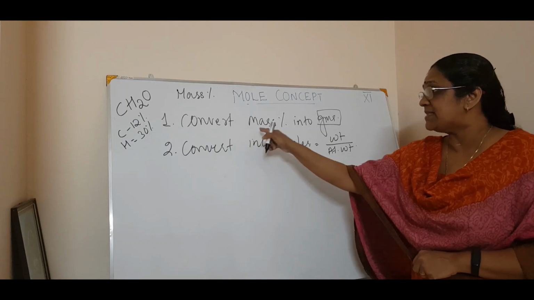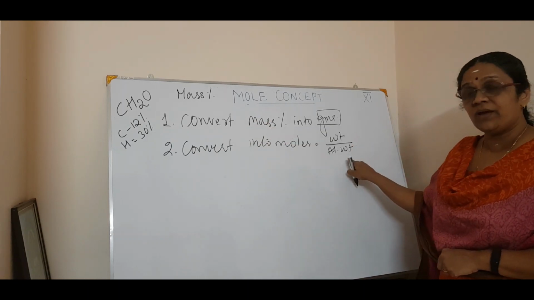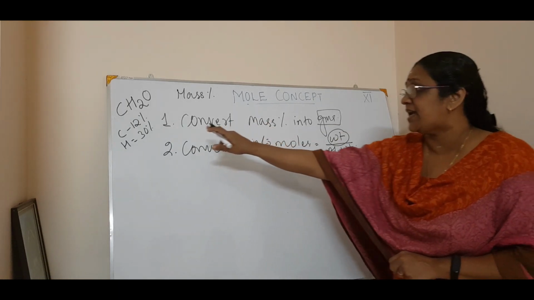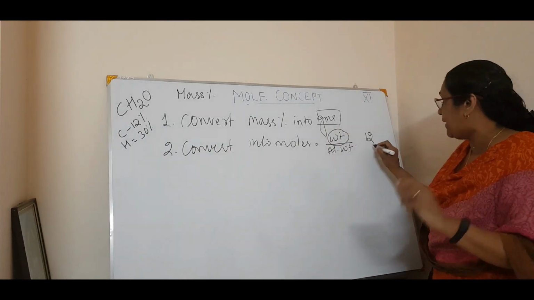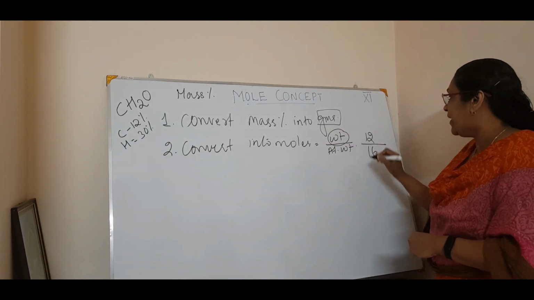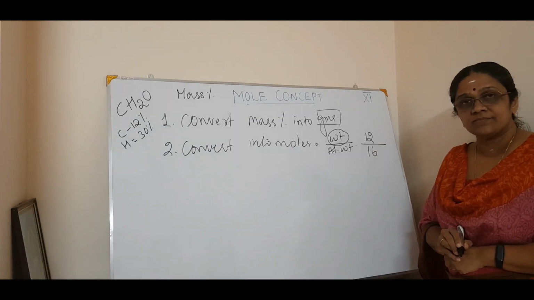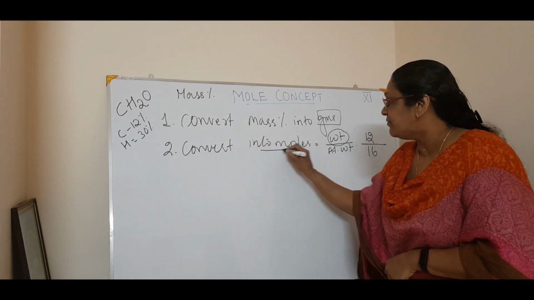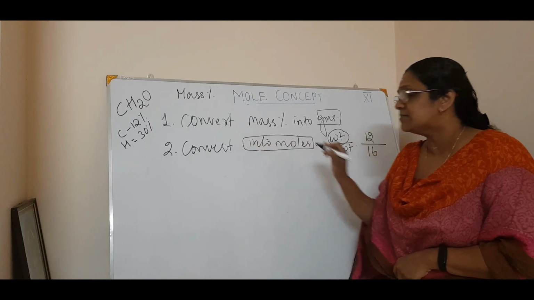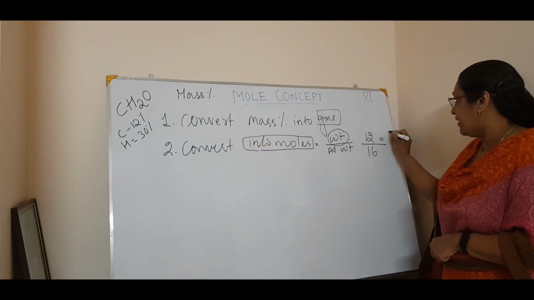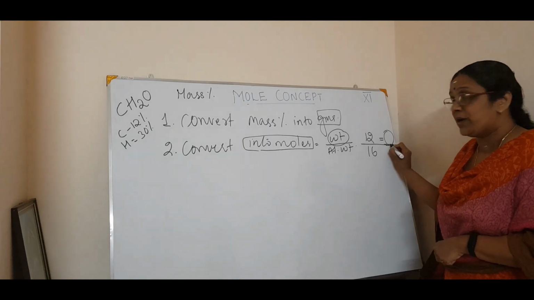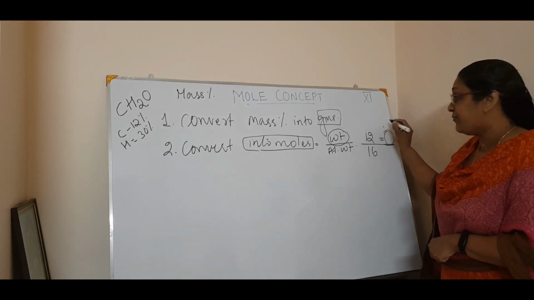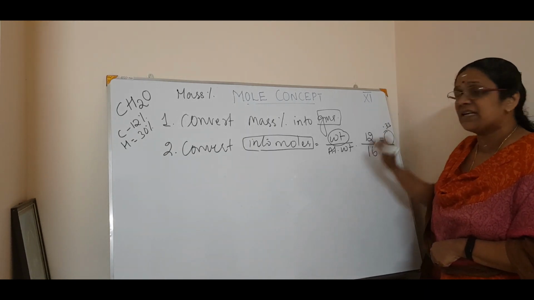You are taking the elements, right? Weight you are given. For example, in the case we took carbon, that is 12. Simply you say, 12 by the atomic weight, say 16. So second is convert it into moles. You will get the result by calculation, something like 0.33 or something like that.